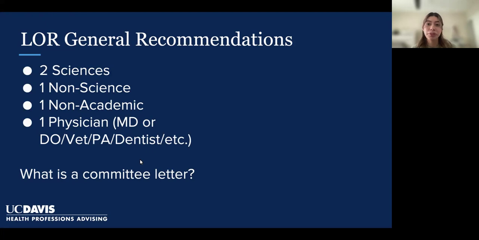So if a school wants 3 science letters, for example, then you can just submit 3 letters for that specific school. I think AACOMAS allows up to 6. I'm not exactly sure of all the other ones, but that is something that you would need to investigate as well. I think most others allow up to 4 that go to every school.